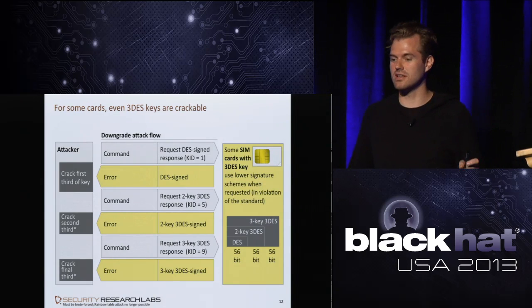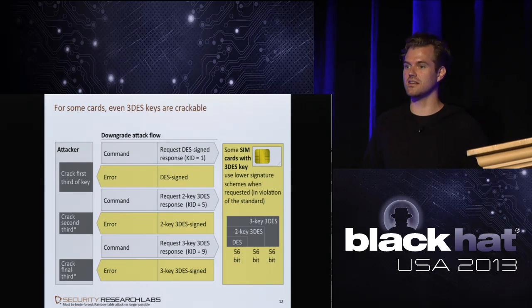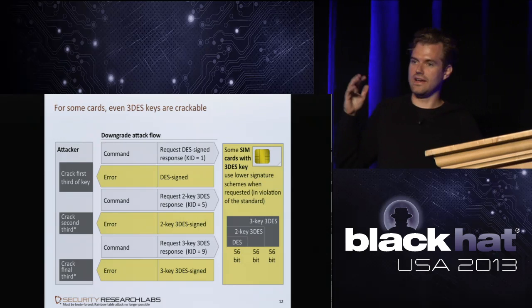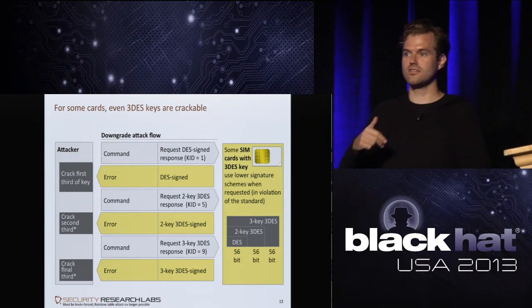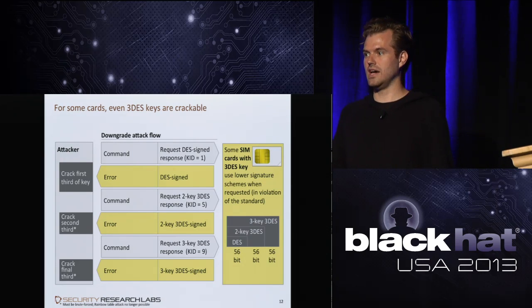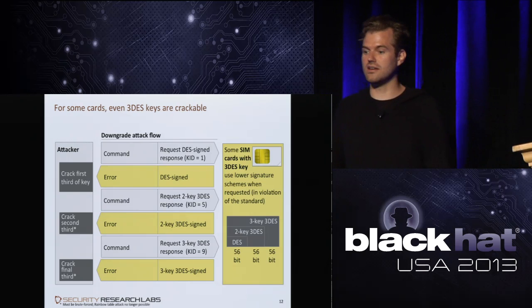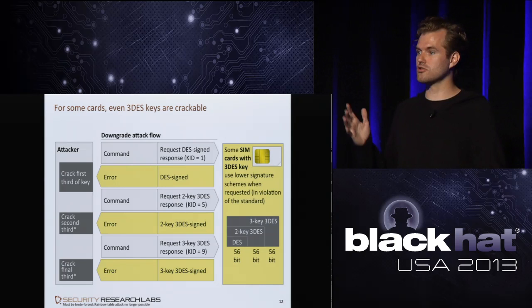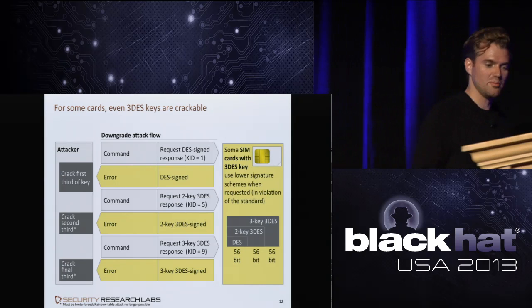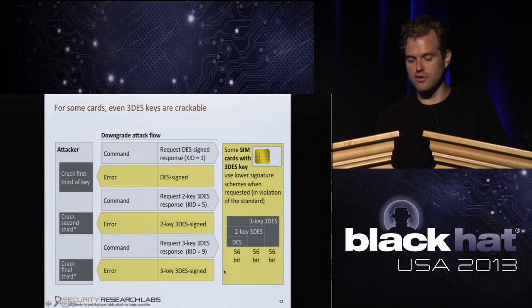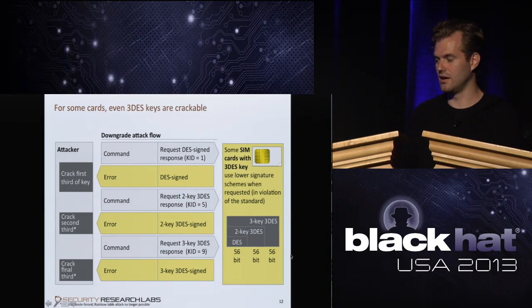An attack on, let's say, a 3-key triple DES key would then look as follows. You send a single DES signed command and request that the card responds single DES signed, and it does so. From this, you can crack a single DES key that happens to be, because of the memory management, the first third of the 3-key DES key.